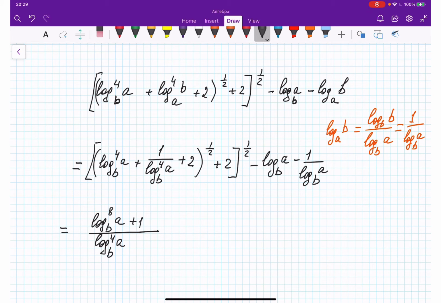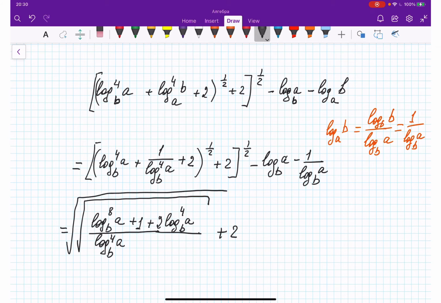Plus 1 and plus 2 logarithm a by base b to power 4, right? So all in this square root, okay, and plus 2, and then this entire expression is also going under another square root.